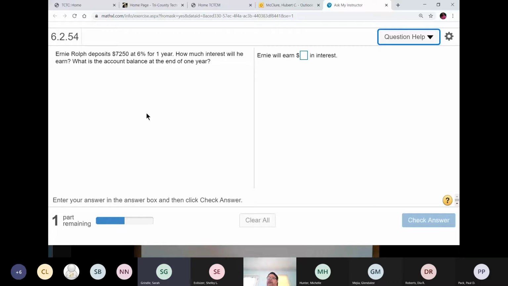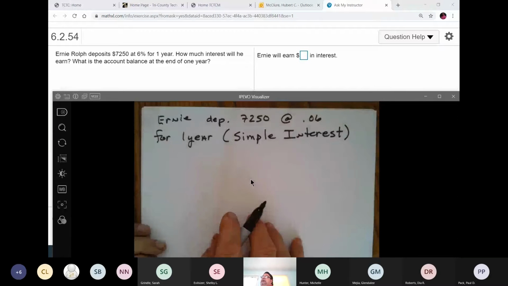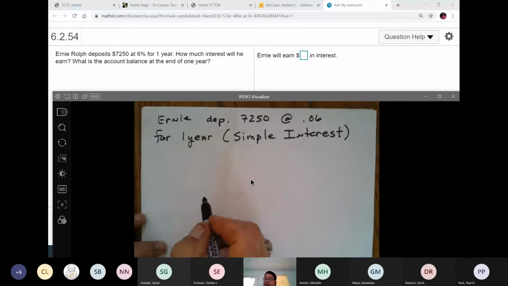So never, ever loan money to a family member or a friend. It never works out good unless it's short term, or you don't expect it back. If Miss Grindle gave Mr. Pack $25 and he paid it back in a week, that's different. But you've got to be careful.